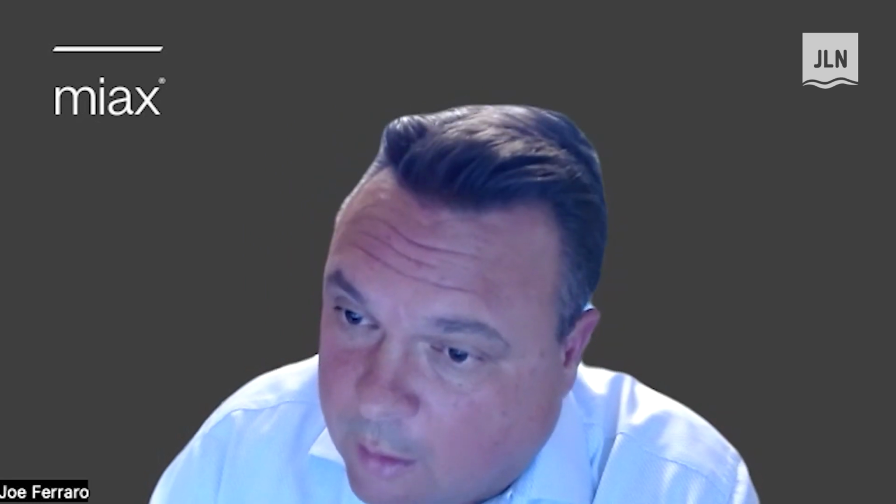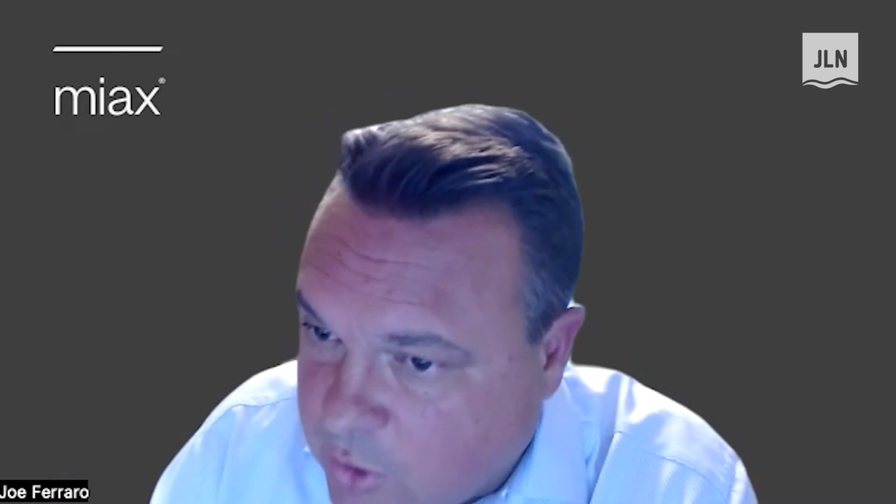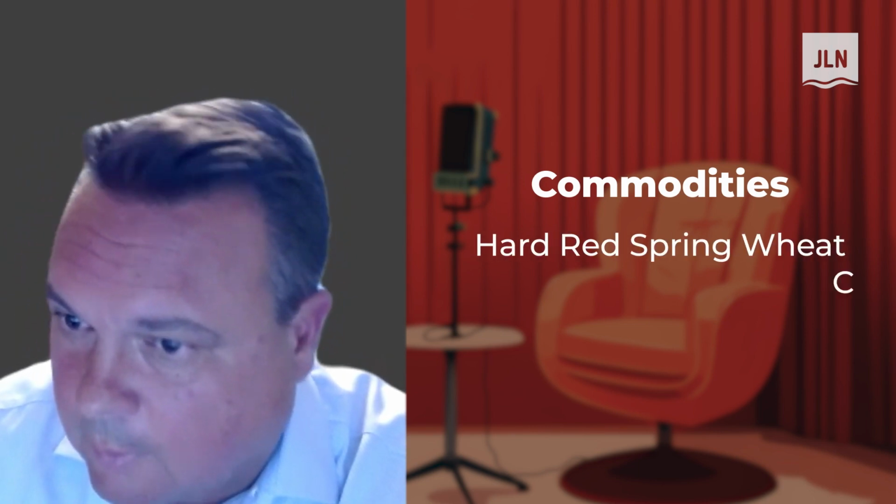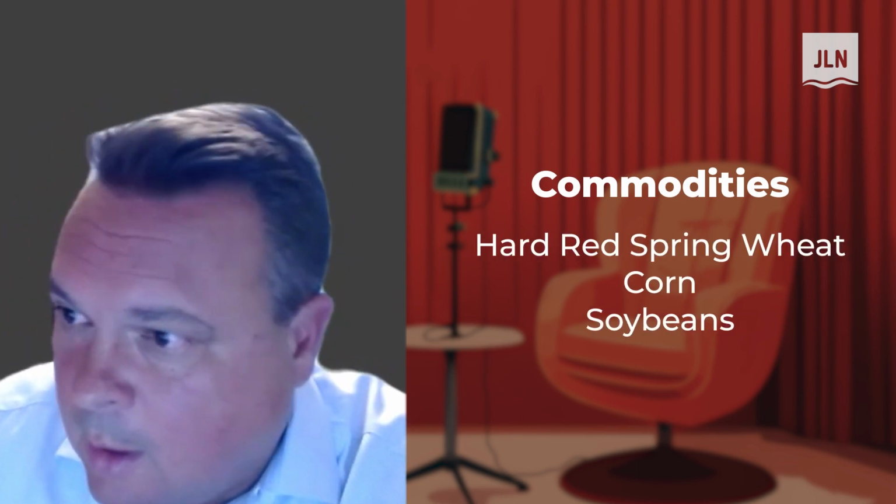Now, there's various different flavors of types of futures contracts, including what there could be a futures contract on. So what's the underlying asset of the futures contract? Traditionally, they were agricultural, they were commodities, right? They were hard red spring wheat, corn, soybeans.